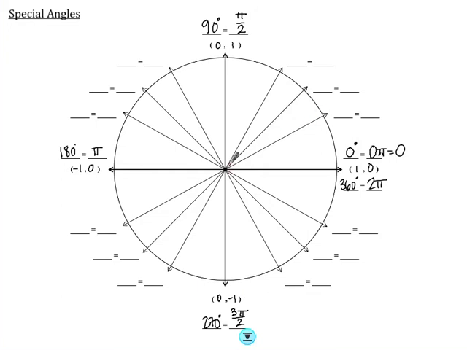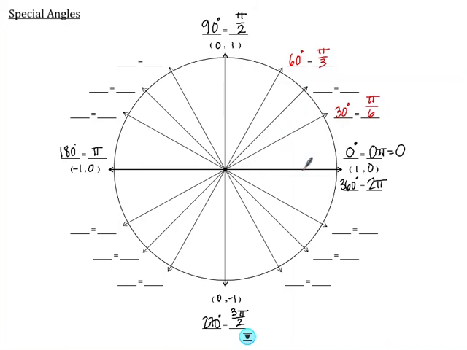This first angle here in the first quadrant is going to be 30 degrees. The third angle in the first quadrant is 60 degrees. 30 degrees is a third of 90 degrees, so this is pi over 6 radians, and this is pi over 3 radians.